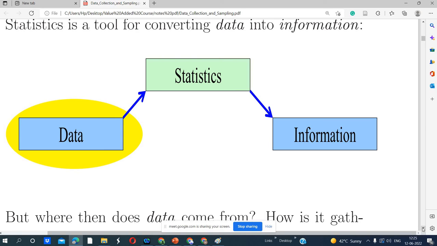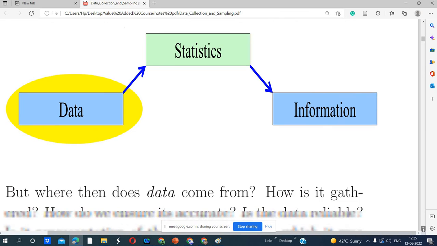Like price, item price, whether the dress is stylish or not. You want to wear a simple dress or a different kind of dress, sometimes a sari, sometimes a suit, so there may be different kinds of statistics according to that. So we retrieve the information, the data is converted into information.